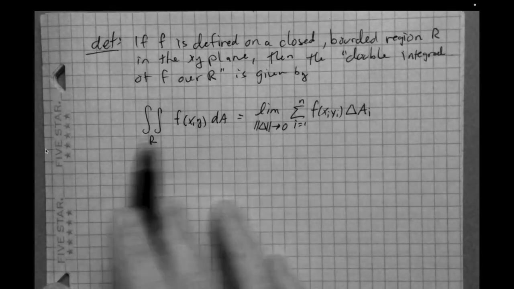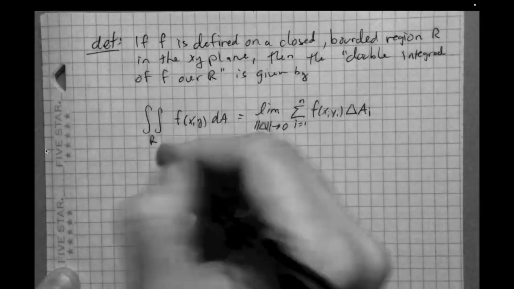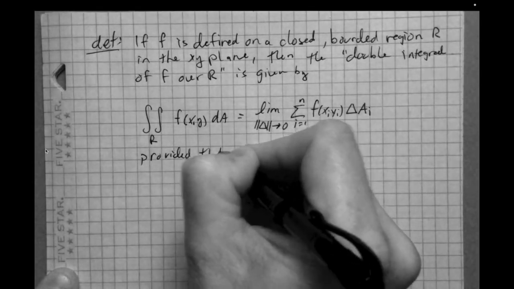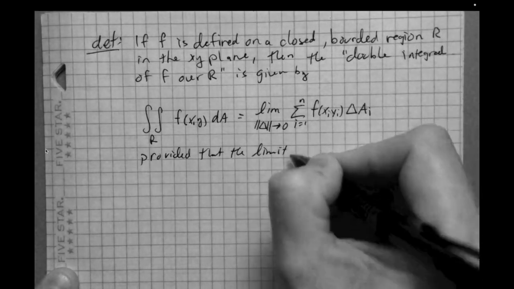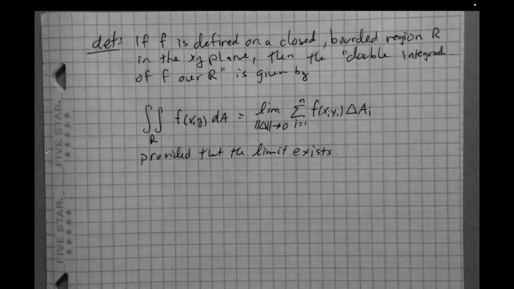Okay, so this is the definition of the double integral of f over R. Right, and this is, of course, all provided that the limit exists. Naturally, if that limit doesn't exist, then the double integral can't be calculated. And so, as we've seen, this double integral has as its basis the use case of finding the volume of a 3D region under a surface and above the xy plane.